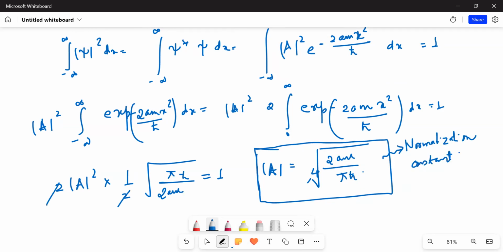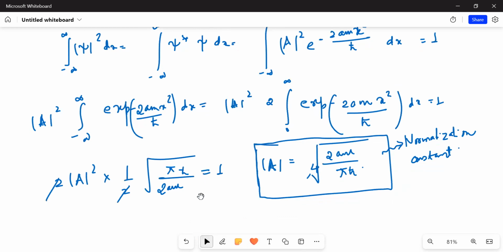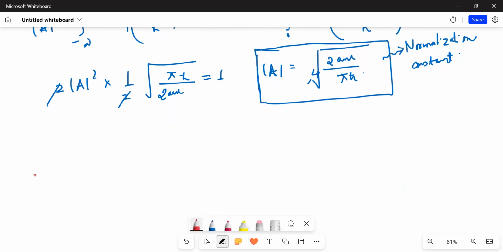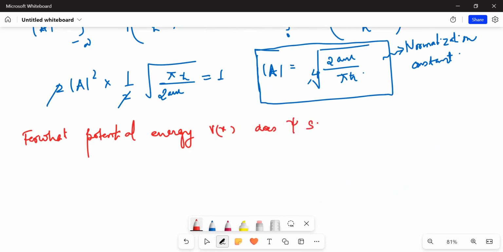Okay. Having found the normalization constant, we want to figure out for what potential energy V(x) does psi satisfy the Schrodinger equation.